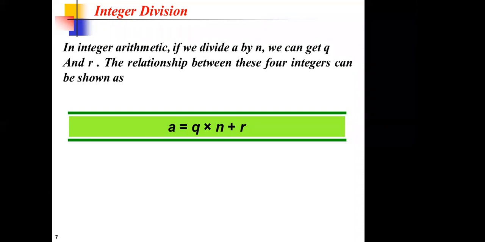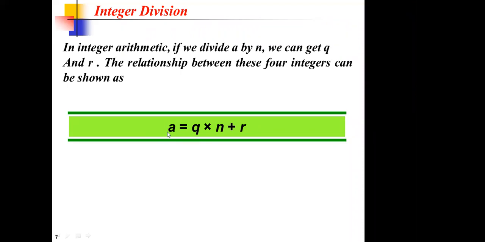Okay, another thing is division. In integer arithmetic, if we divide a by n, we can get q and r. That means the relationship is a equals q n plus r.